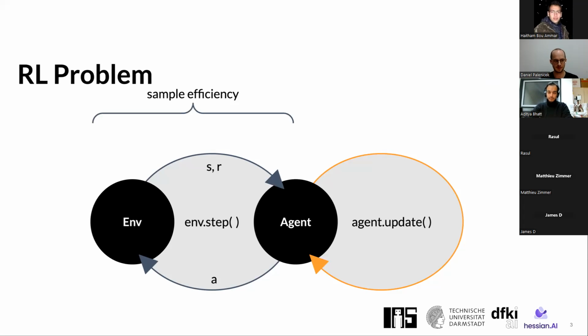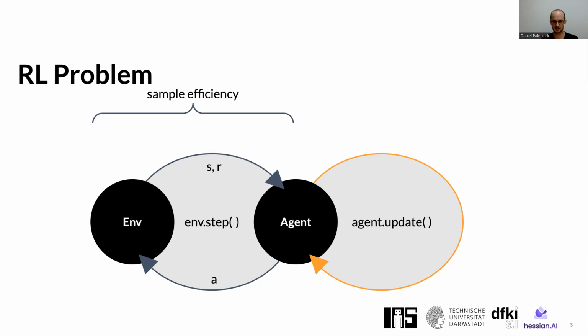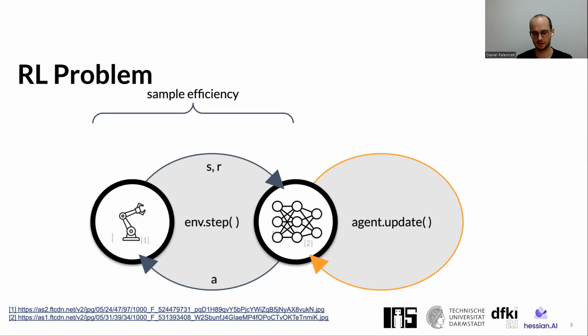What is very important, and what a lot of research focuses on, is to increase the sample efficiency of these methods, because usually these methods need a lot of those interactions with the environment. And especially in the case where we don't just have any simulated environment, but we have, for example, a real robot that needs to interact with the physical environment, samples are really expensive.